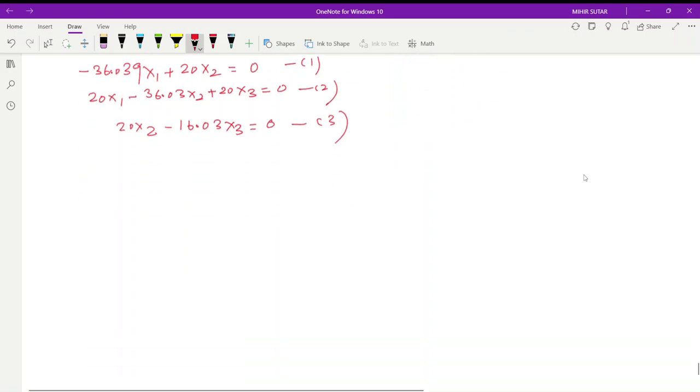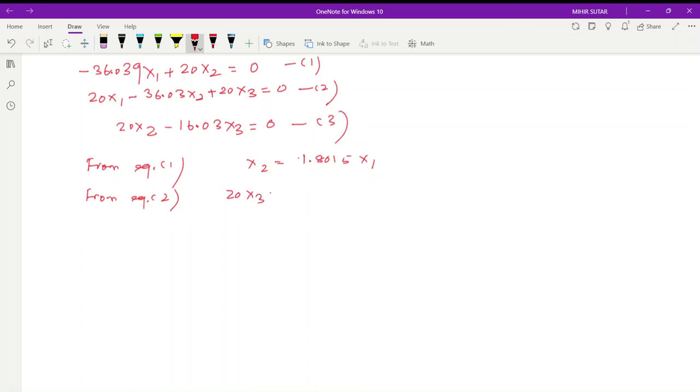So from equation 1 we have x2 will be equal to 1.8015 x1, and from equation 2 we will have 20 x3 will be equal to 20 x1 minus 64.9 x1, that is minus 44.908 x1.